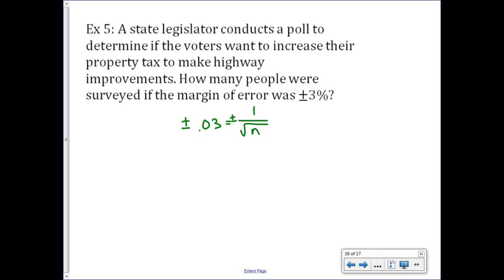I'm not going to worry about the plus or minus right now, but I'm going to multiply both sides by the square root of n, so I get 0.03 times the square root of n is equal to 1. And then I'm going to divide both sides by 0.03.